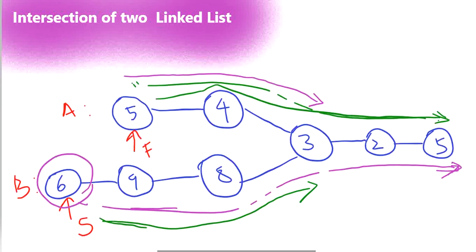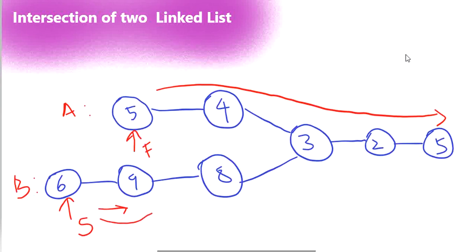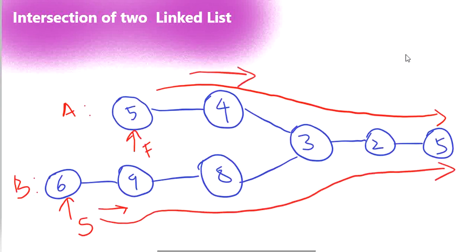The same technique applies here: as one's size is greater than the other's, we traverse using pointer F the path 1 first and then start the second path. In the same way, using pointer S, we travel path 2 first and then the first path. At some point they are going to meet. If they meet, we return the node where they meet, and if they do not meet, we return null.